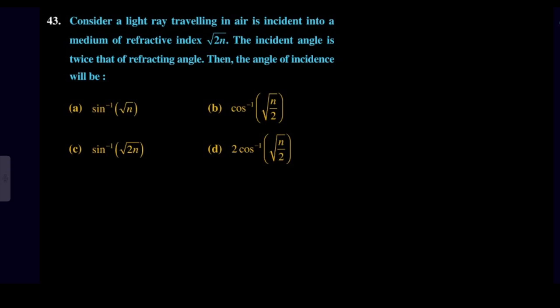Consider a light ray traveling in air incident on a medium of refractive index root 2n. The incident angle is twice the refracting angle. They are asking to find the angle of incidence.